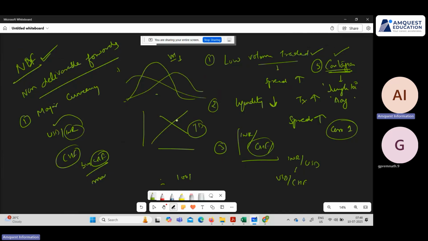So I said I am going to buy 1 million CHF 3 months from now, right? A simple forward contract. But in case of NDF, I would convert my CHF to USD.